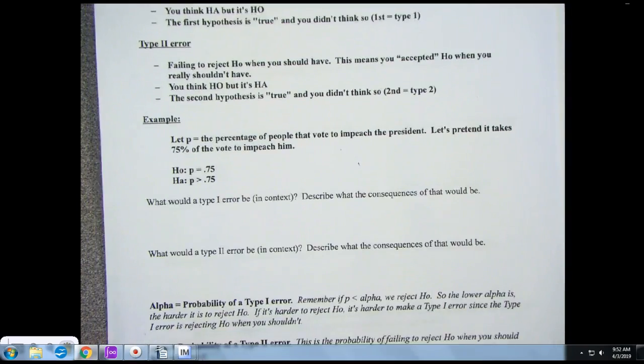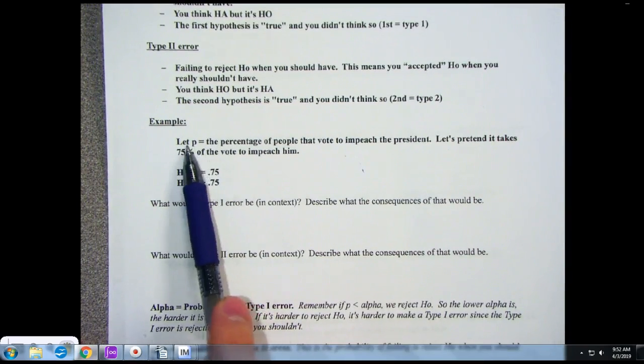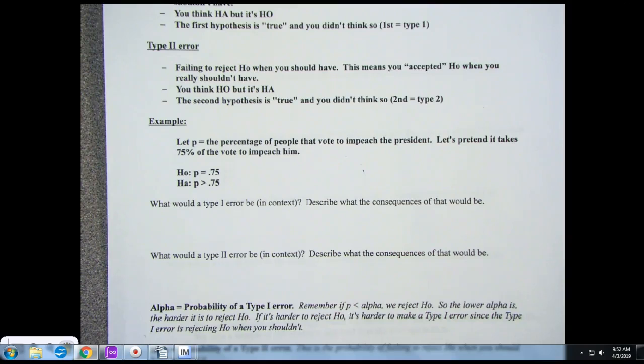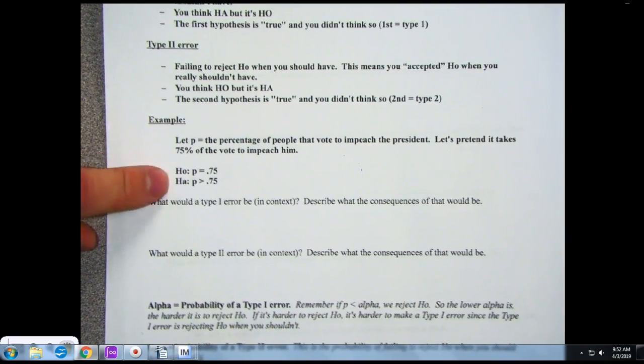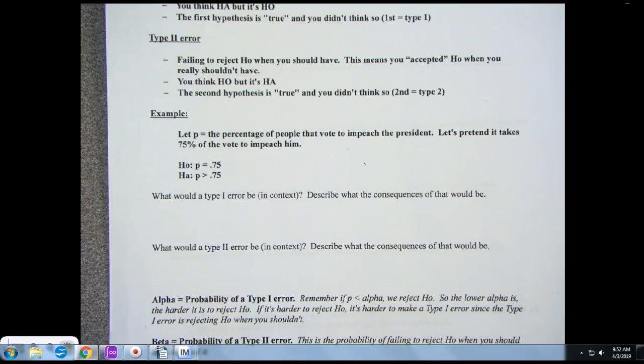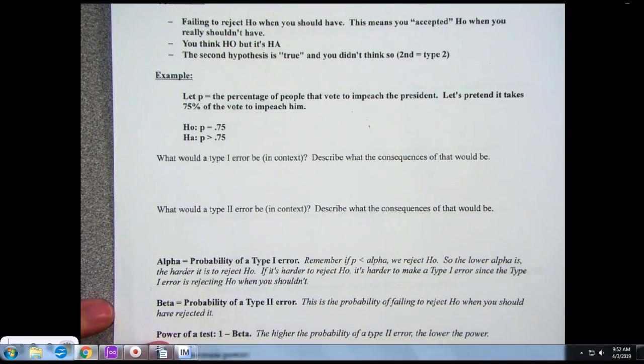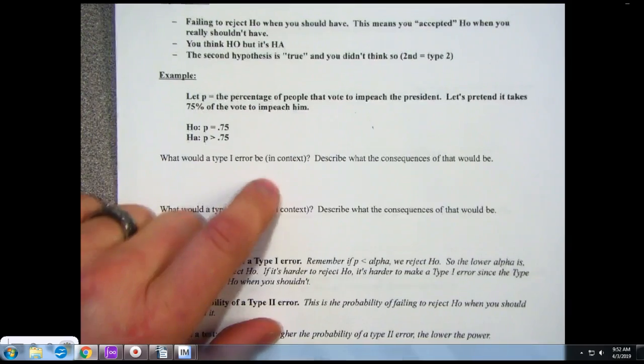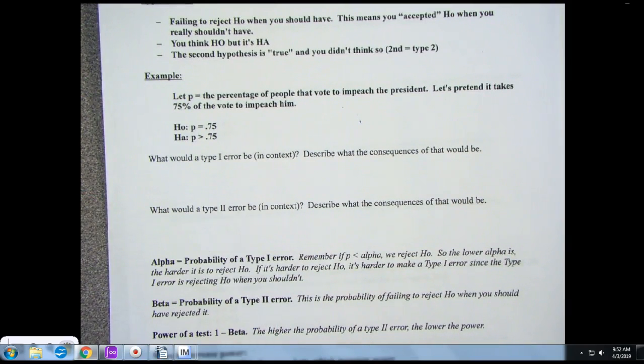But let's look at an example of it. So let P equal the percentage of people that would vote to impeach the president. Let's say it takes 75% of the vote. So we got our H0 and HA. I want you to take a second and I'll do the first one for you. They want to know what a type 1 error would be, and then what the consequences of that would be.